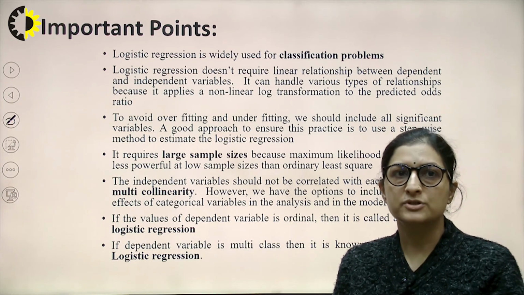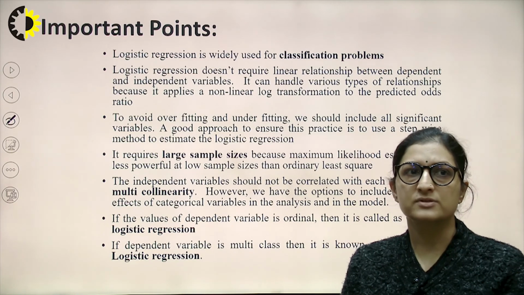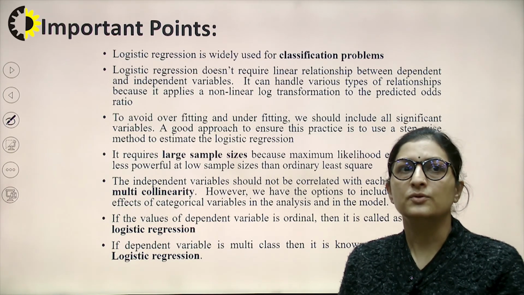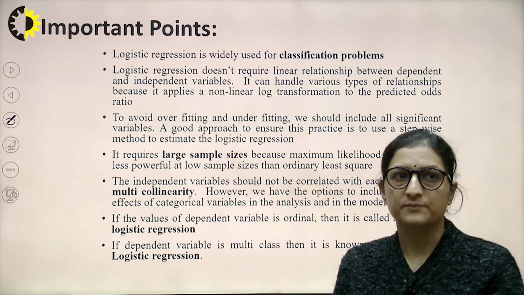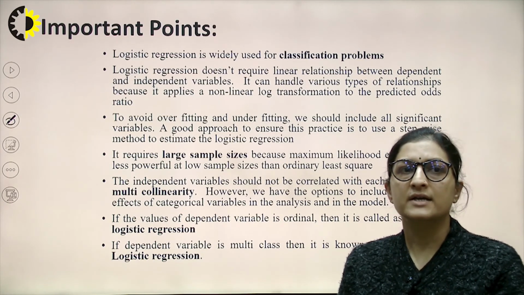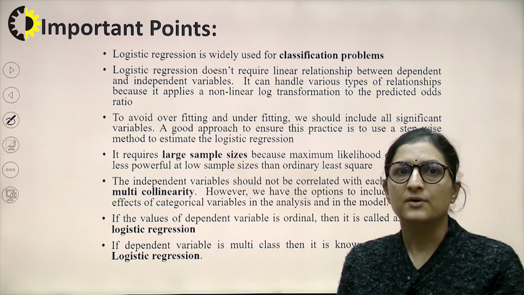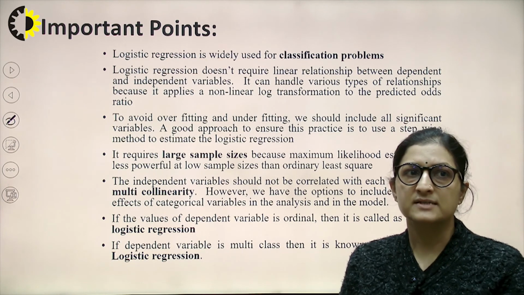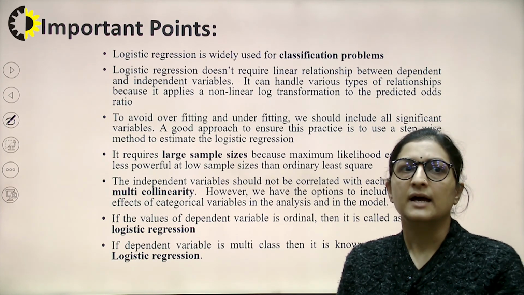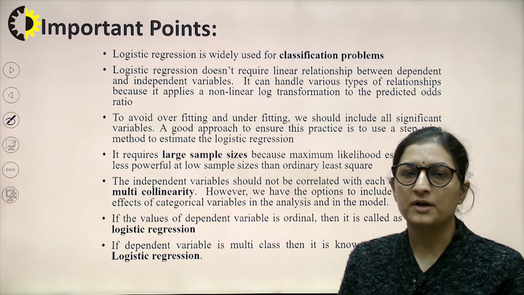A good approach to ensure this practice is to use a stepwise method to estimate the logistic regression. It requires large sample sizes because maximum likelihood estimates are less powerful at low sample sizes than ordinary least squares.